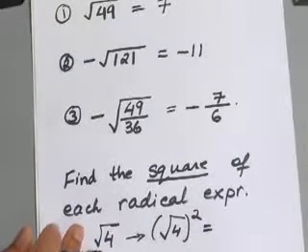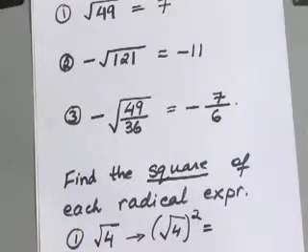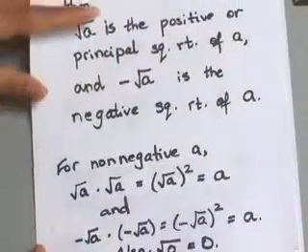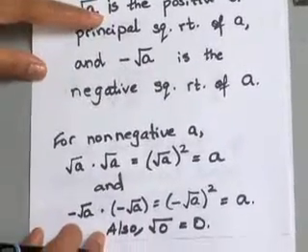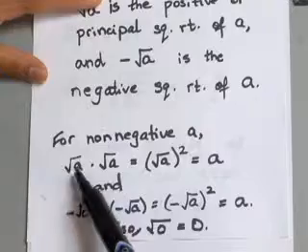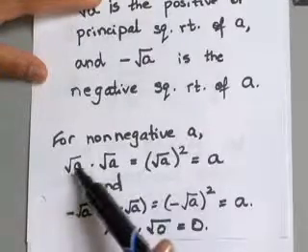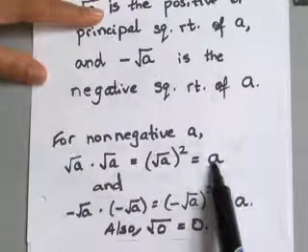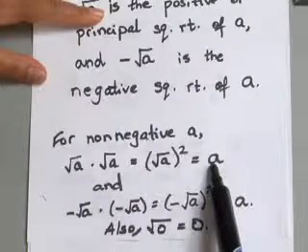And this is where that property will come into play that I was just showing you a little bit ago. So here, for these examples, you'll use this property. If you take a radical and you square it, and if it's a positive root, you get the radicand as your answer.